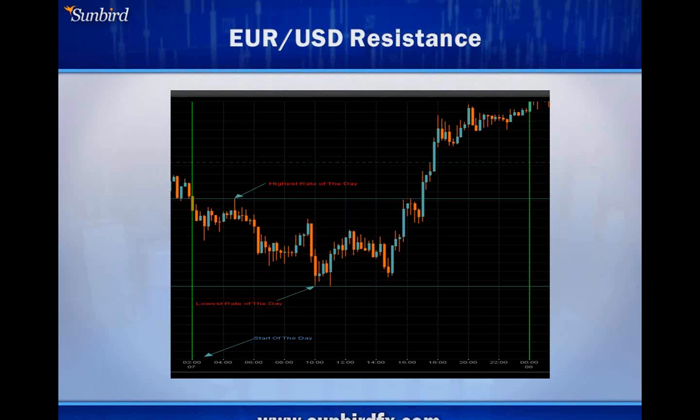Okay? Now, bear with me here because this is where the strategy begins. What I want to do is very simple. If the market rate breaks my resistance, my highest rate, meaning if it passes through the resistance, I'm expecting it to go long, all right?